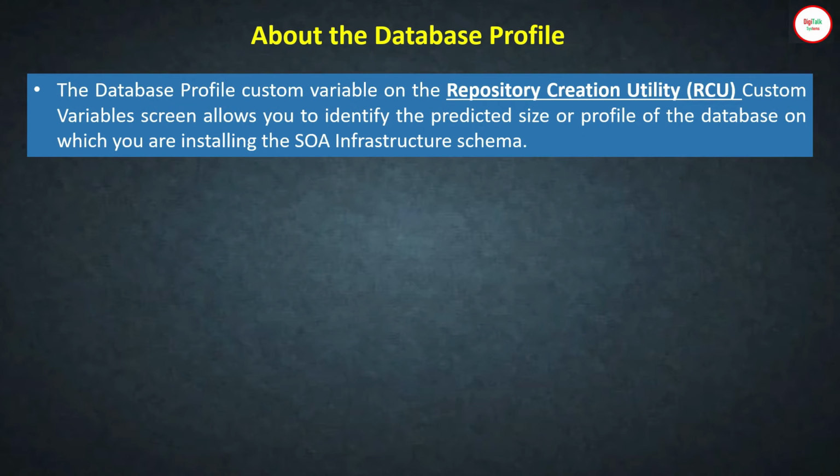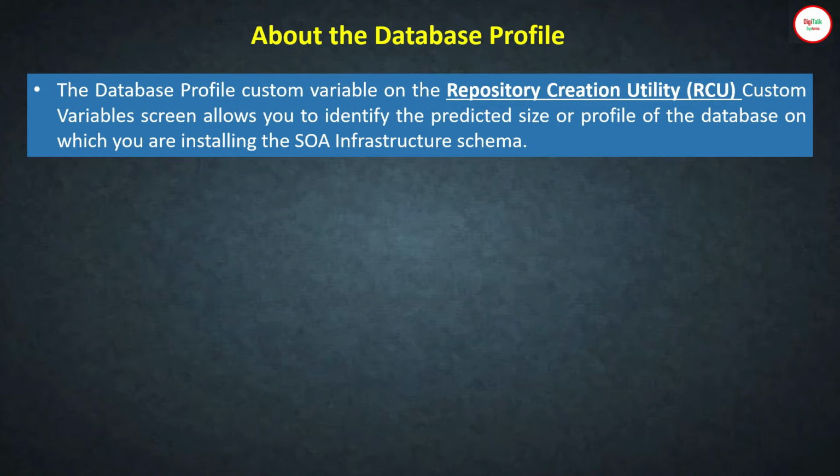Now, when we create the SOA repository, that means during the installation, we have seen that before installing the SOA suite, we created certain schemas in the database where SOA stores all of its data. Those database schemas we created using the repository creation utility.